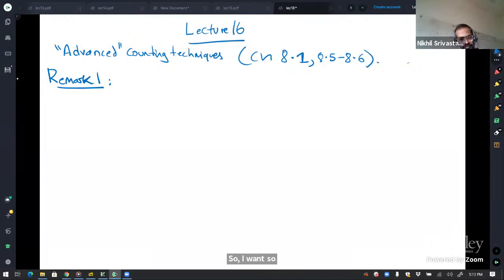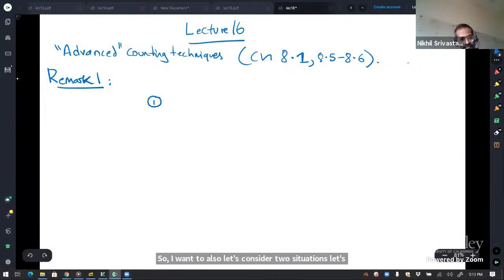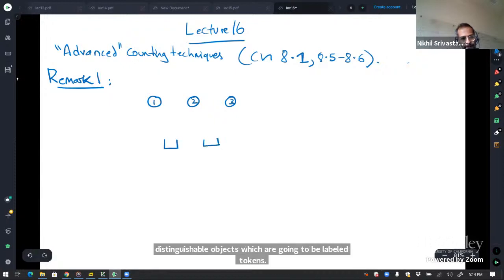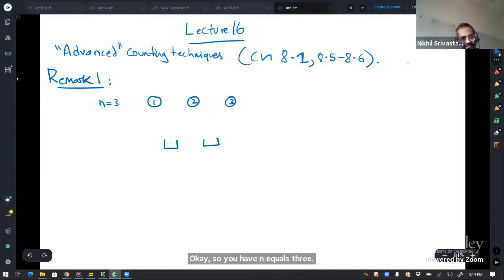Let's consider 2 situations. Let's consider one situation where we put 3 distinguishable objects, which are going to be labeled tokens, into 2 boxes. So you have n equals 3, and this is the case where the objects are labeled, which is another way of saying that they're distinguishable.